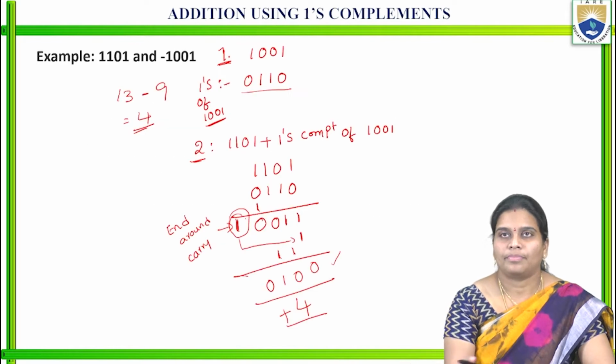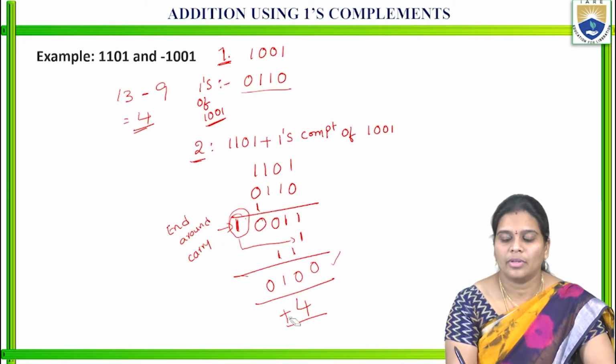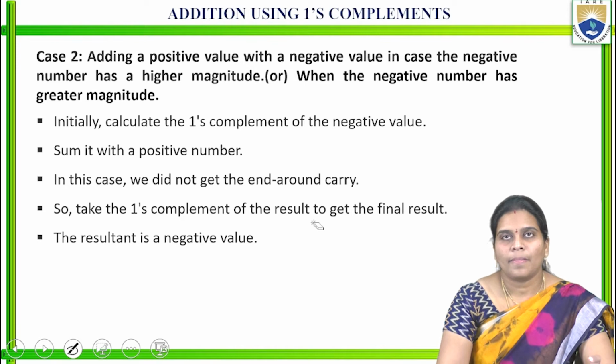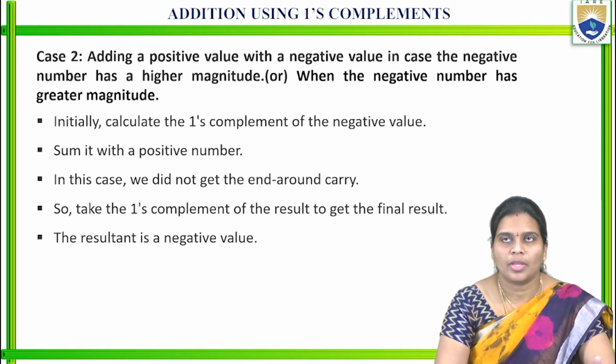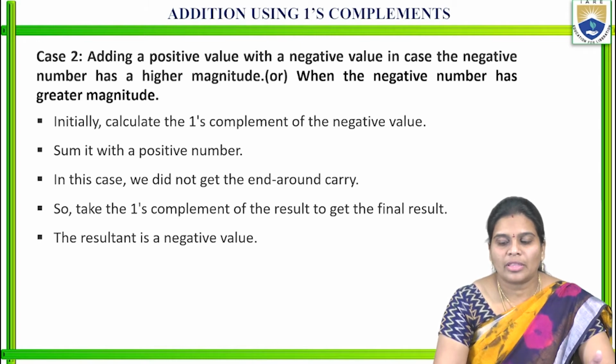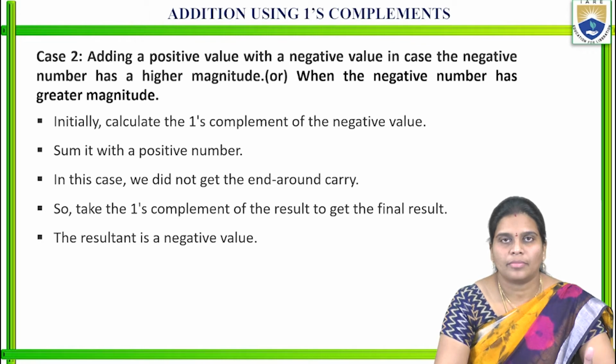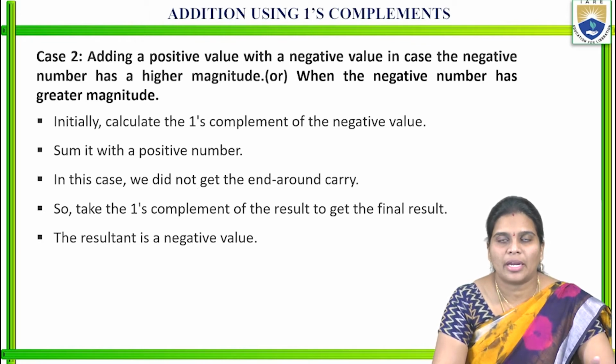For example, in the next case, adding a positive value with a negative value where the negative number has a higher magnitude. So that means when the negative number has a greater magnitude, it is smaller number minus greater number. In the first case, greater minus smaller number, normal procedure. In the second case, smaller number minus greater number.